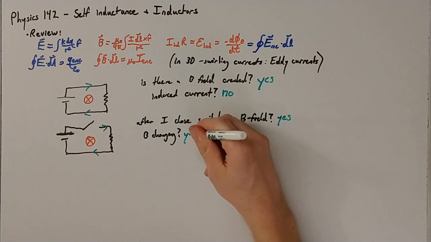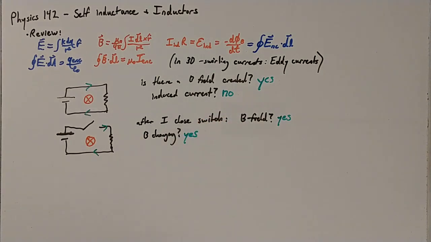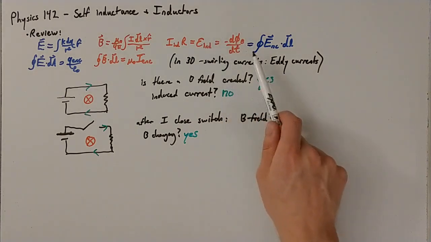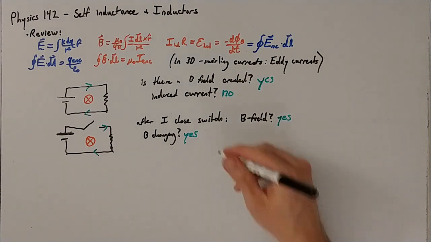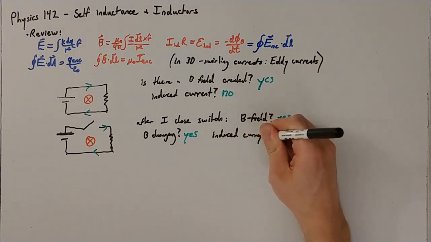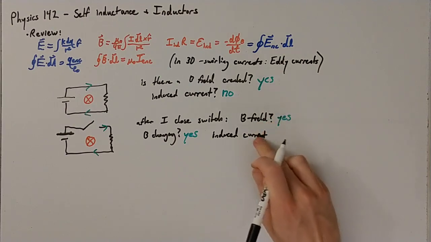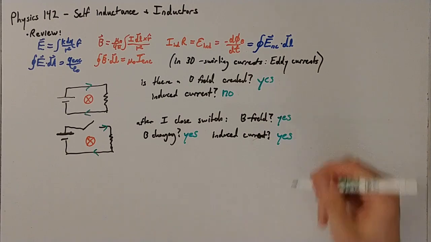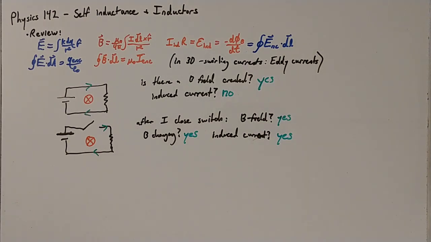If the magnetic field is changing, you better be inducing some current. If you are changing the magnetic field, that's going to induce an EMF, which will induce some current. So, induced current? The answer is yes. You're going to induce some current here.